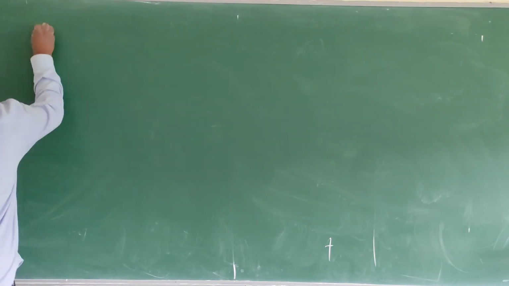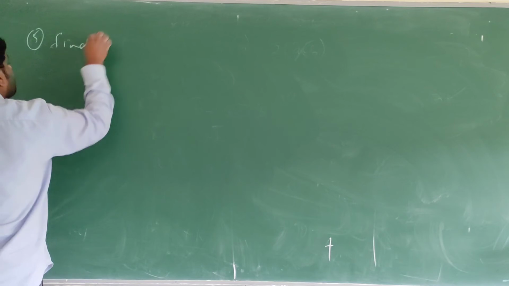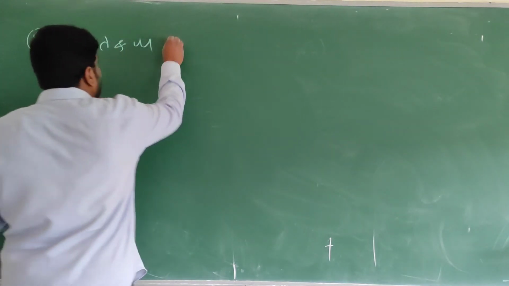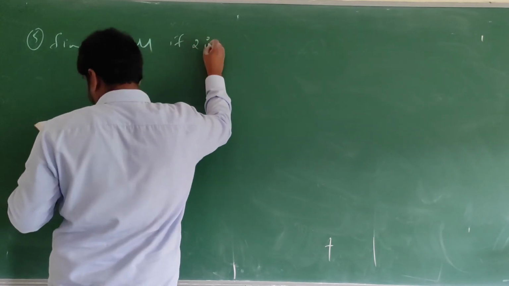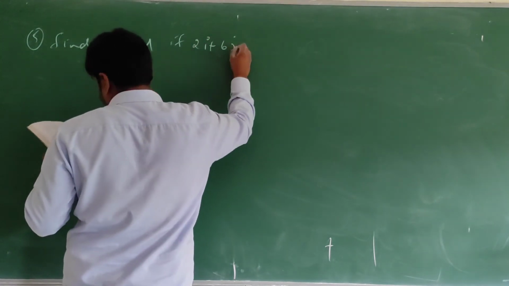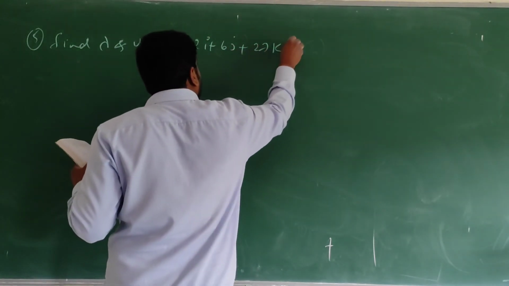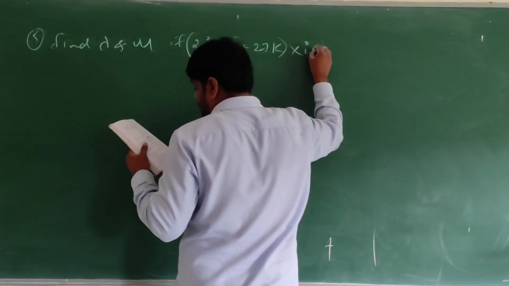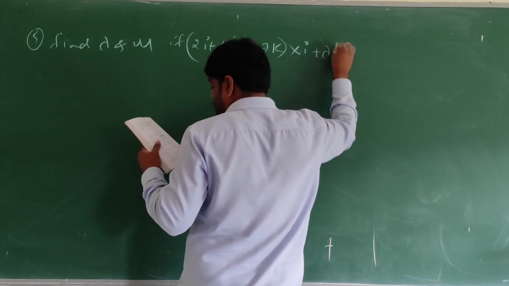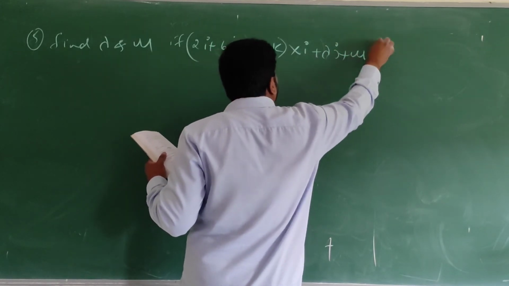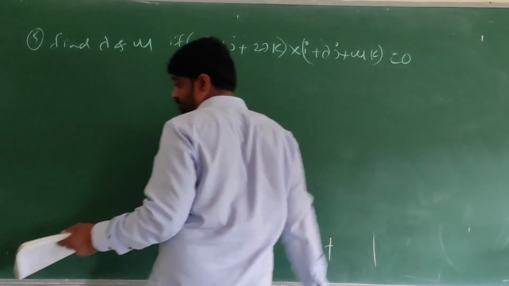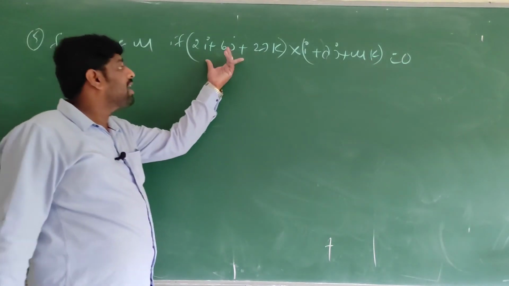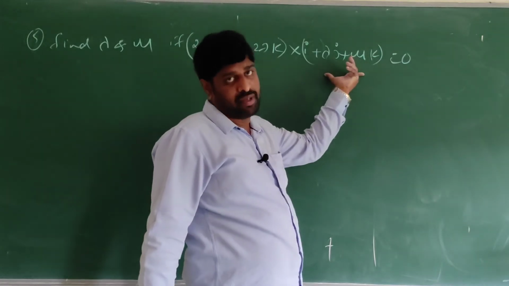Next problem: find lambda and mu if (2i cap plus 6j cap minus 27k cap) cross (i plus lambda j plus mu k cap) equals 0. Now I will consider this one as a bar and this one as b bar.